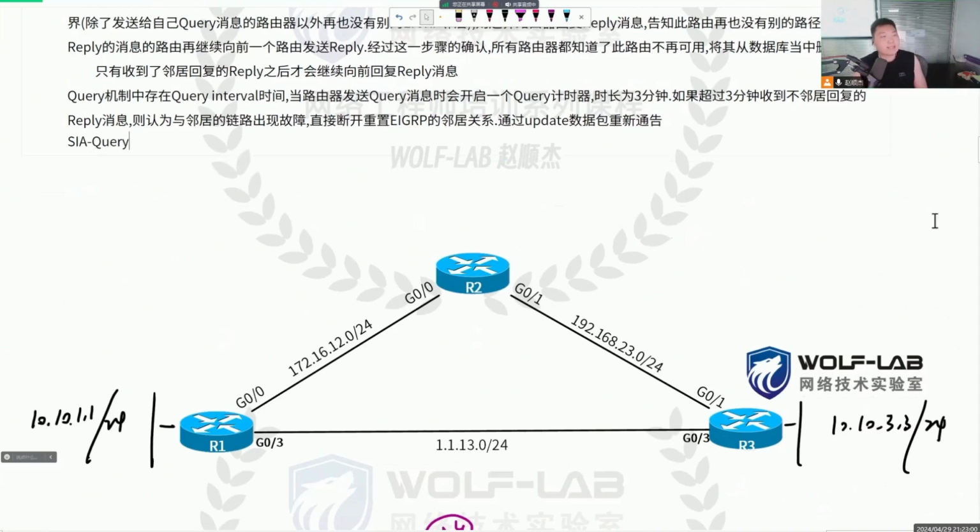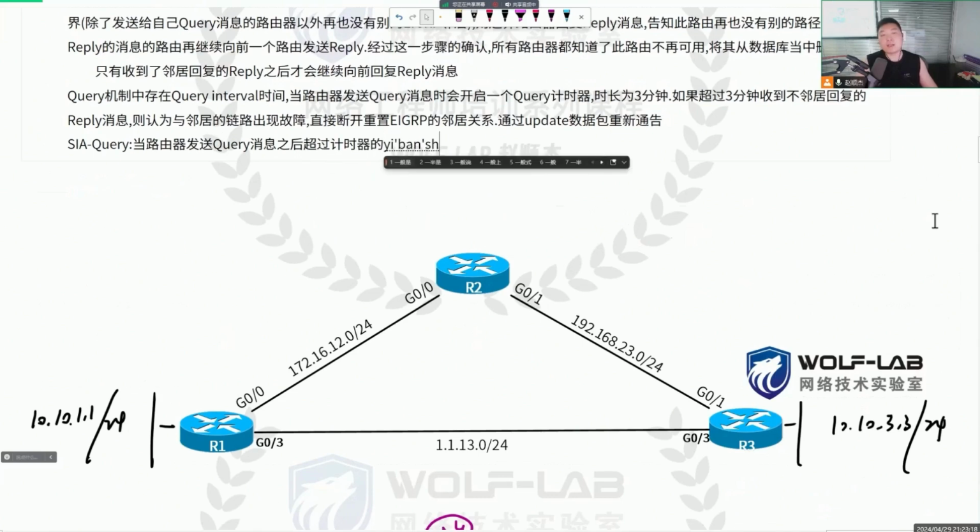We say EIGRP is very stable. To avoid this situation, it introduced the SIA query. The SIA query message is actually very simple.